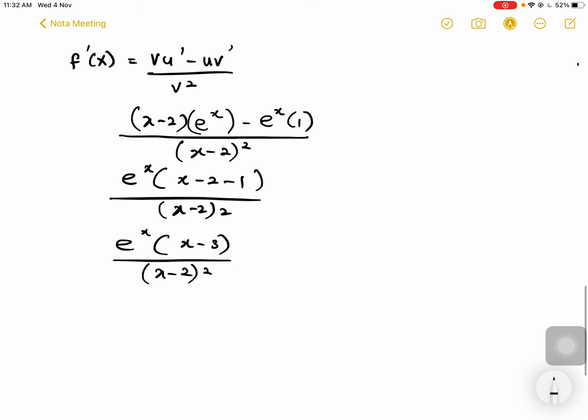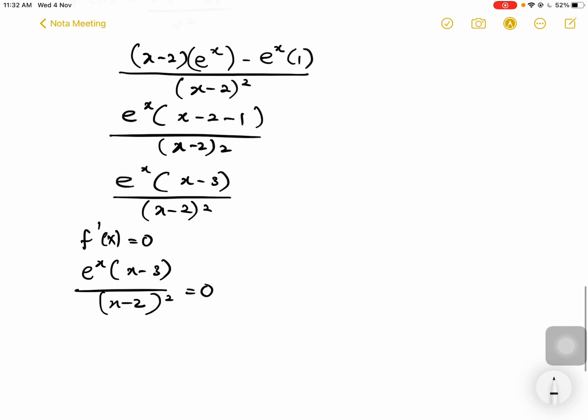To find the critical point, you have to set f prime x equal to 0. So e x times (x minus 3) over (x minus 2) power 2 is equal to 0. When equal to 0, you are left with e x times (x minus 3) is equal to 0. So e x is equal to 0.